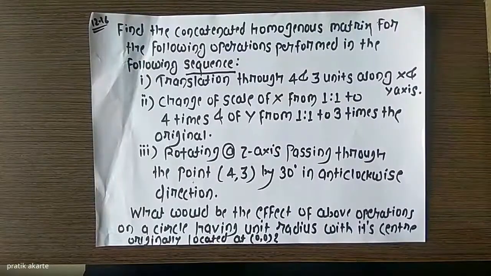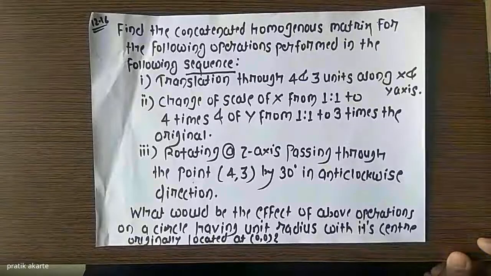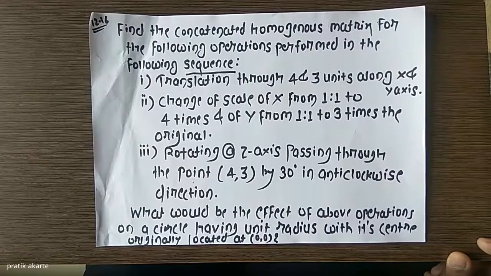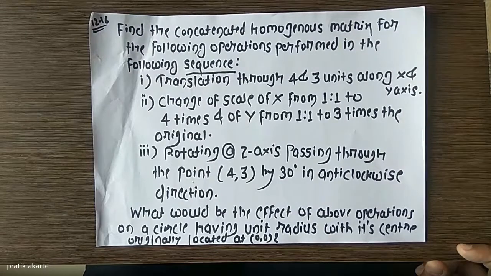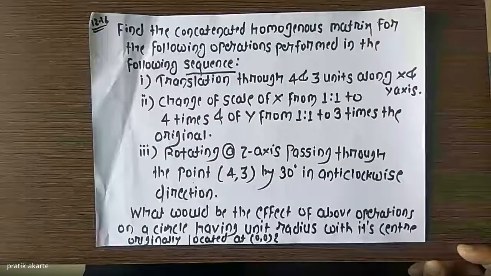First one, translation through 4 and 3 units along x and y axis. So the first transformation is simple translation, that means Tx is equal to 4 and Ty is equal to 3. Second transformation is change of scale of x from 1:1 to 4 times, and of y from 1:1 to 3 times the original.